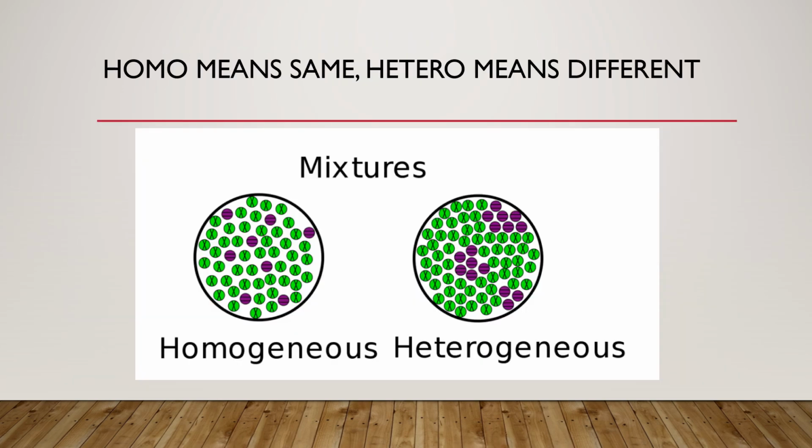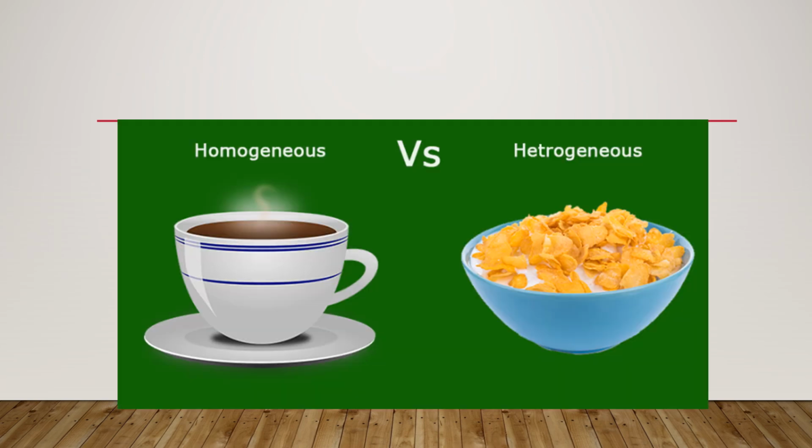Heterogeneous mixtures, like trail mix, look like mixtures. Homogeneous mixtures look like they are one uniform substance. The names tell you which is which. Hetero means different, so heterogeneous means the mixture looks like it is made of more than one substance. Homo means same, so homogeneous mixtures don't look like mixtures at all.